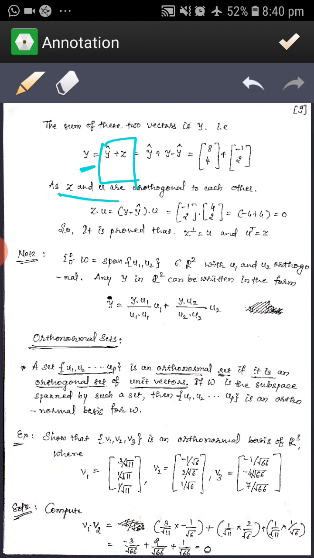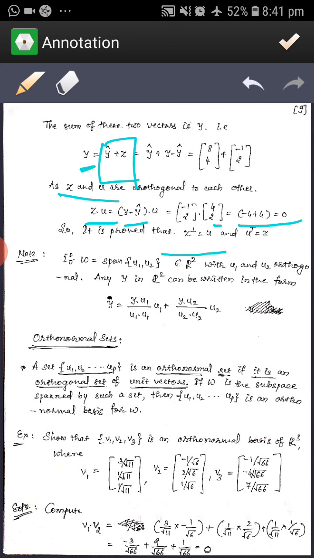Then we need to check whether z is orthogonal to u or not. So z dot u: we have calculated z, and u is here, so when we multiply both, it comes to 0. So we say that z is perpendicular to u.